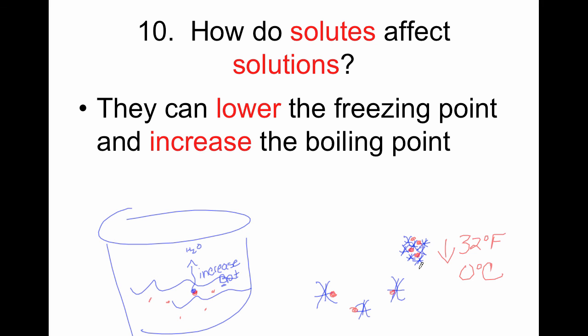So that's why we put salt on the roads in the wintertime when it's snowing, because when it gets below 32, we don't want the snow to come together and make ice crystals, and so the salt keeps that from happening. Now, the ice can still form, it just has to be a way lower temperature than 32 degrees Fahrenheit, depending on how much salt you put on the roads.